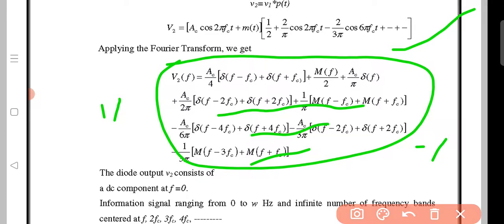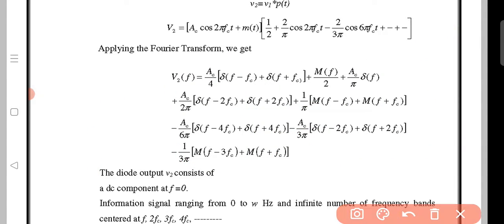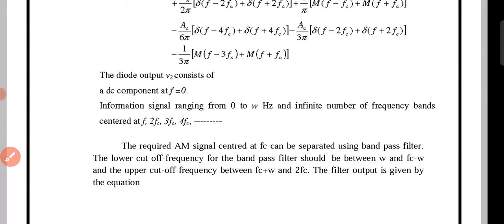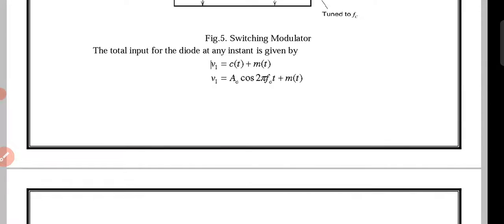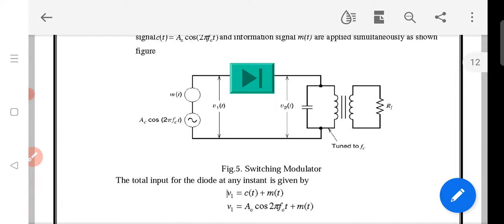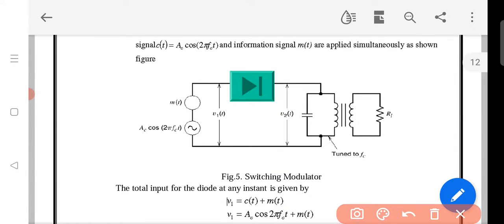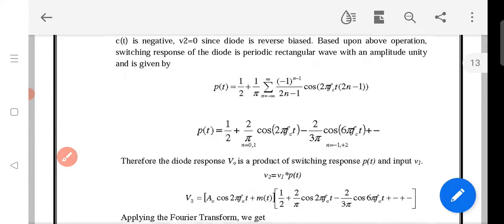Here we observe the fc minus fm and fc plus fm side bands present. These are our required terms. All the remaining terms are unnecessary to us, and they are automatically discarded by the filter section present at the output side of our modulator. These higher order terms are eliminated here.